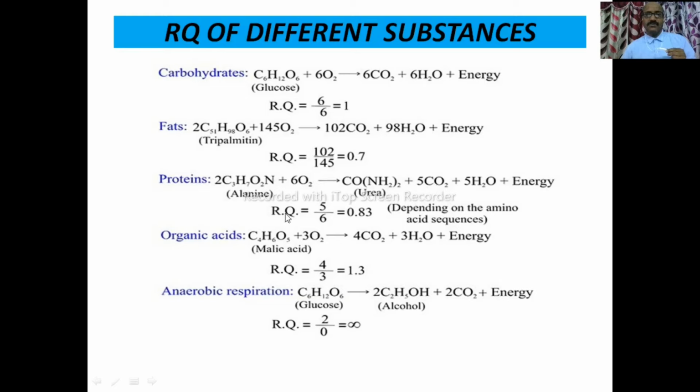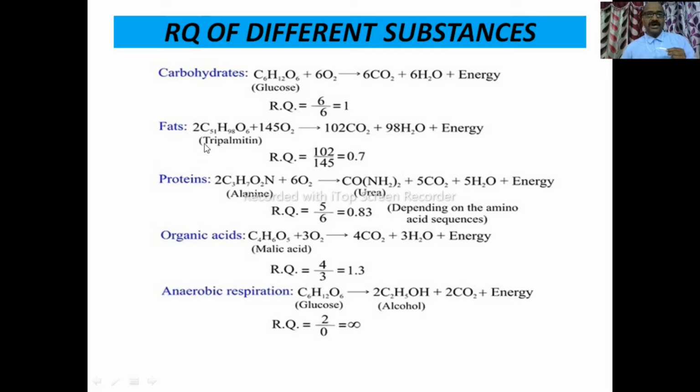So RQ is 5 divided by 6, which is 0.83, less than 1. You have to remember, not the exact value, but whether it is equal to 1, less than 1, or more than 1. In case of carbohydrate, the RQ value is 1. In case of protein and fats, the RQ value is less than 1.